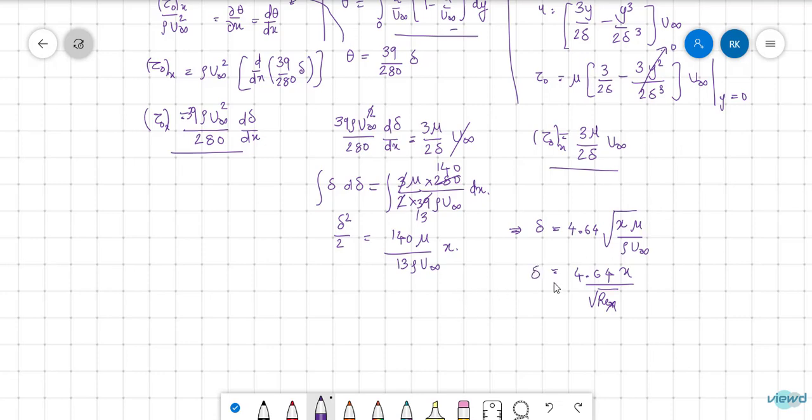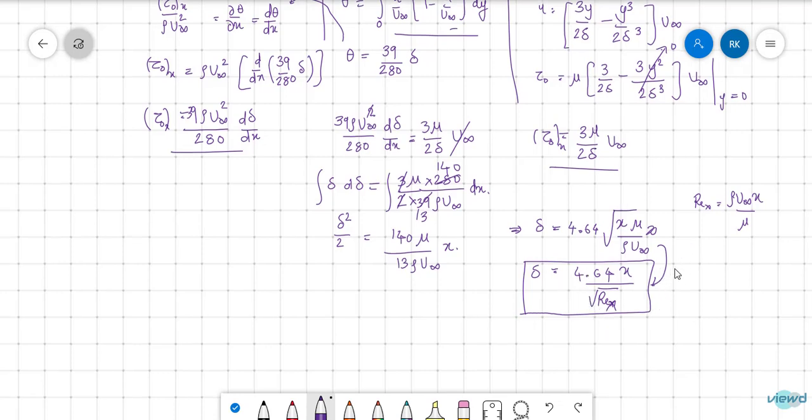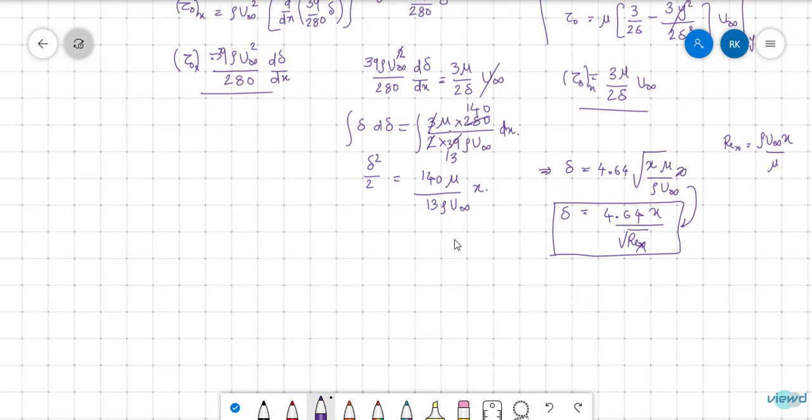So just remember this formula: delta is equal to 4.64 x by root of Reynolds number, where Reynolds number is rho u infinity x by mu. Rearranging this, you can simplify that. So you have got delta.